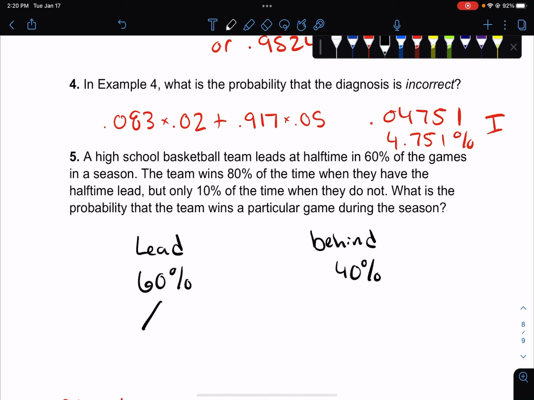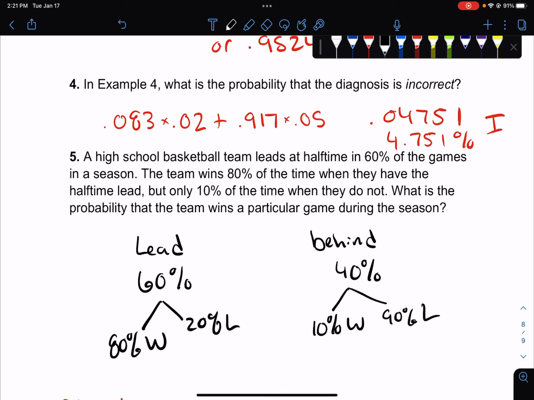So when they have the lead, 80% of the time they win, which means 20% of the time they lose. When they're behind, they only win 10% of the time, but 90% of the time they lose if they're not in the lead. So what is the probability that the team wins a particular game?